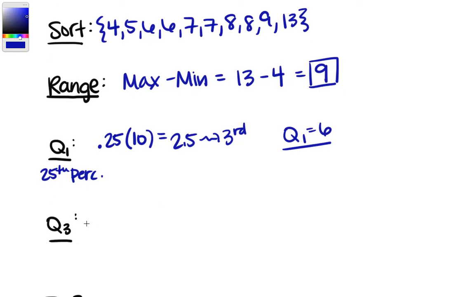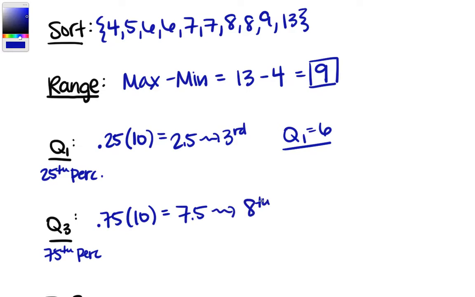Now we want to find Q3. That's the 75th percentile. 0.75 times 10 is 7.5. Again, there's no 7.5th number in the list, but we can go up and take the 8th number in the list. 1, 2, 3, 4, 5, 6, 7, 8. And that gives us that Q3 is 8.